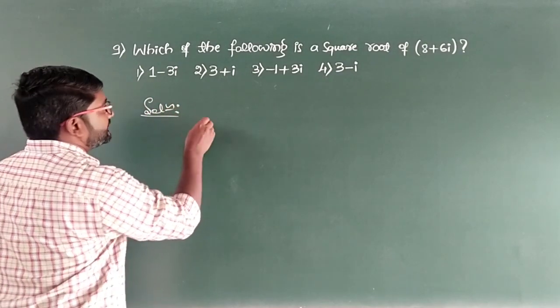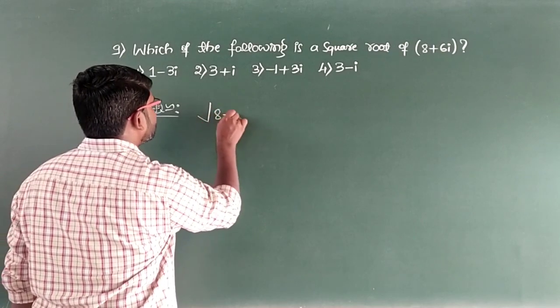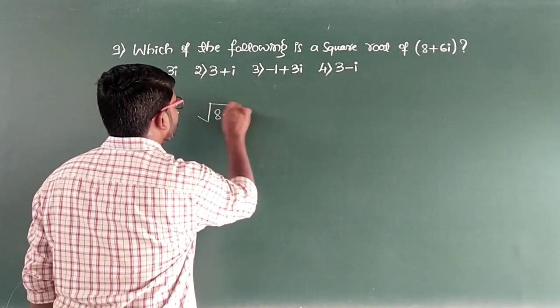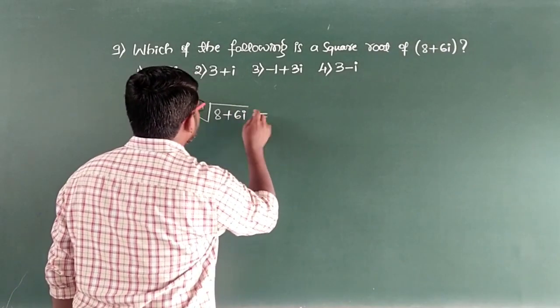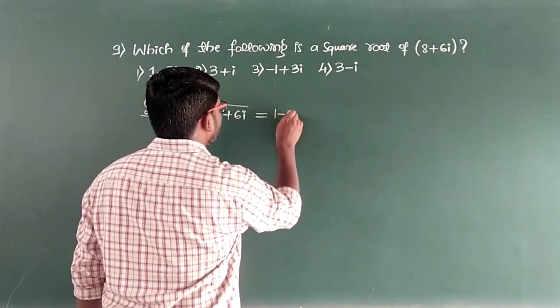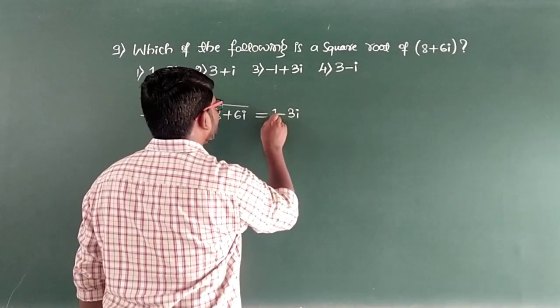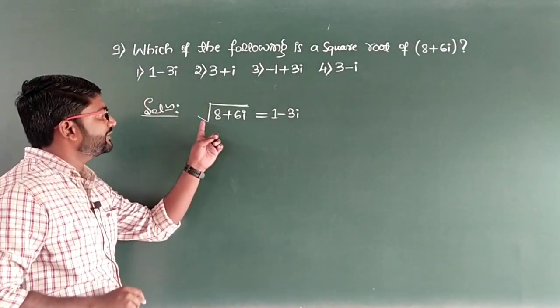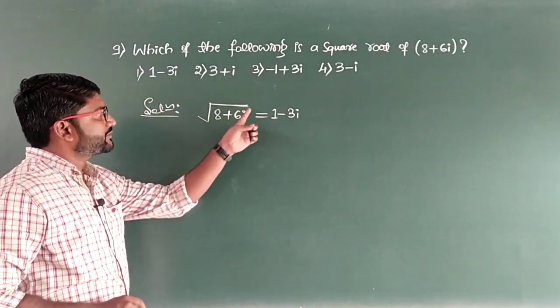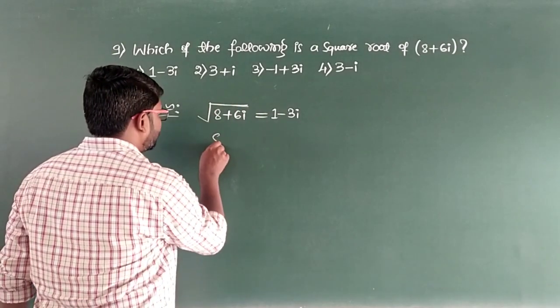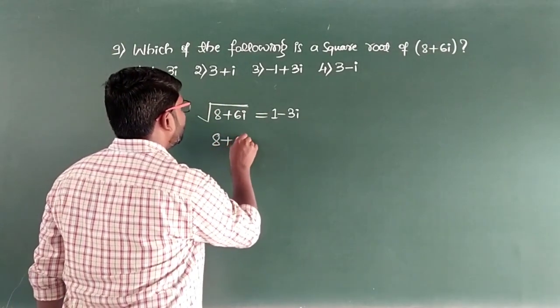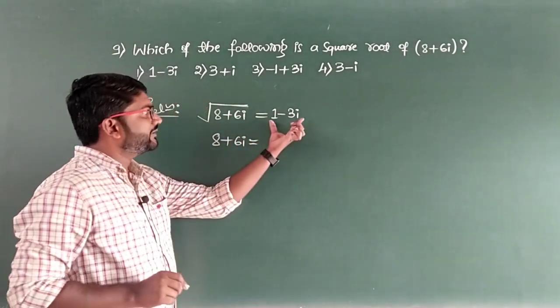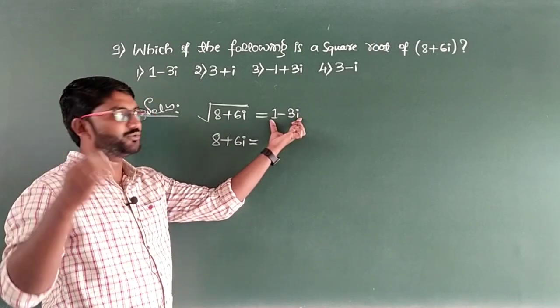So the square root of 8 plus 6i is equal to, so I will take the first option now. If the first option is the correct answer, then we should get left hand side equal to right hand side. To eliminate this square root, square on both the sides. Now, what do we get? 8 plus 6i is equal to, so squaring on both the sides means we get (a minus b) the whole square.